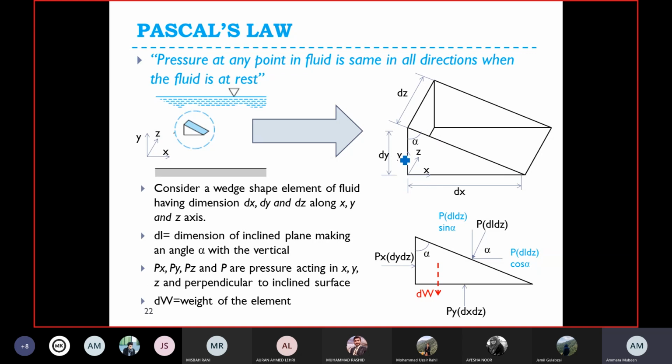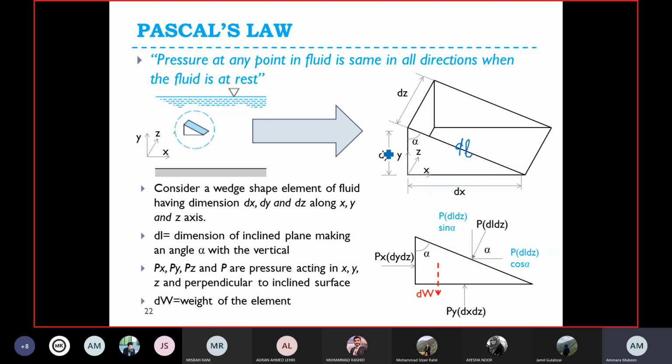So it is dl. From here to here it is dl.